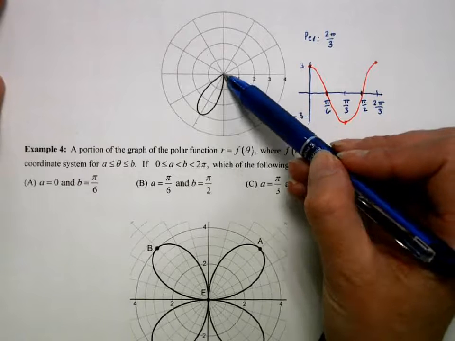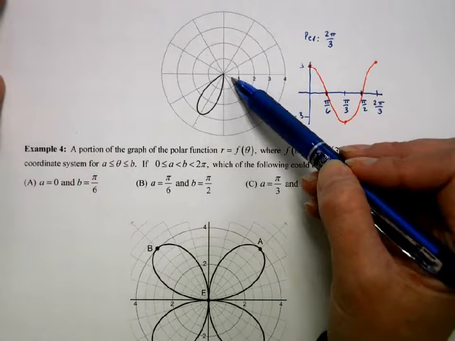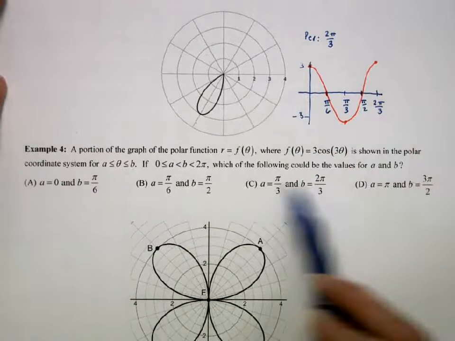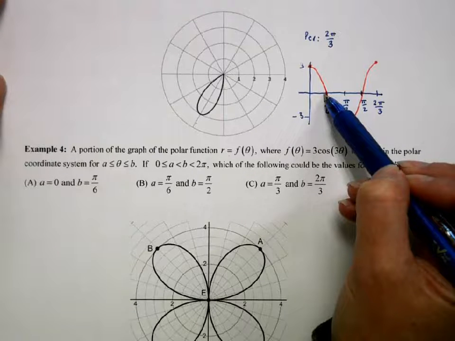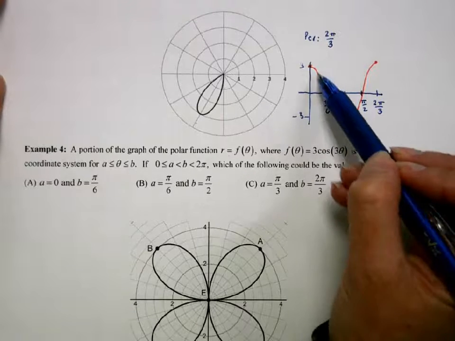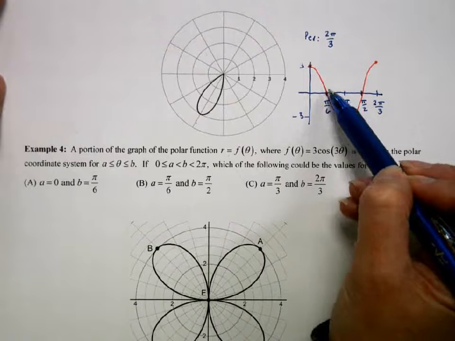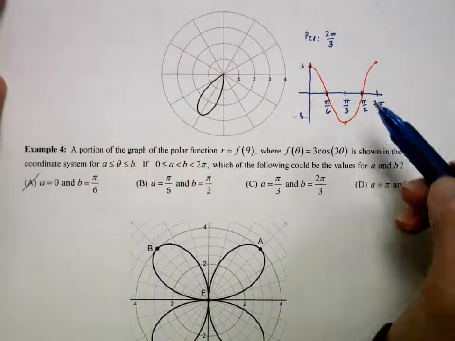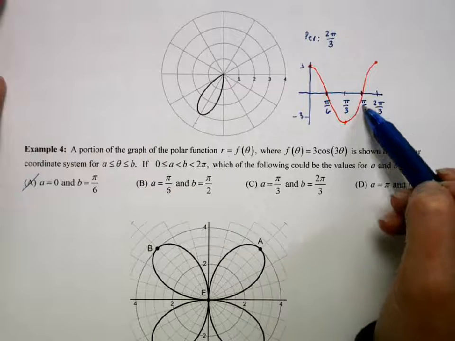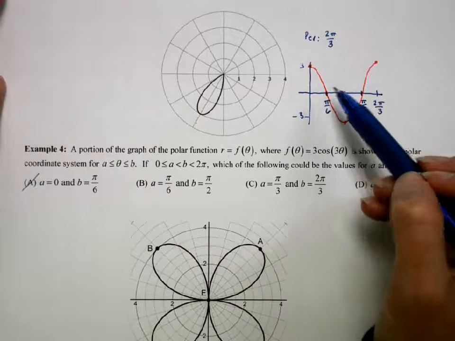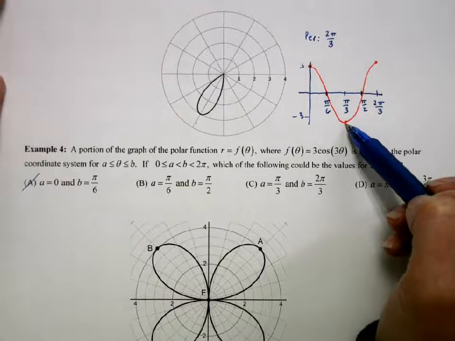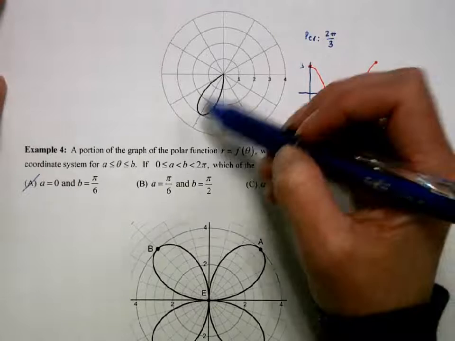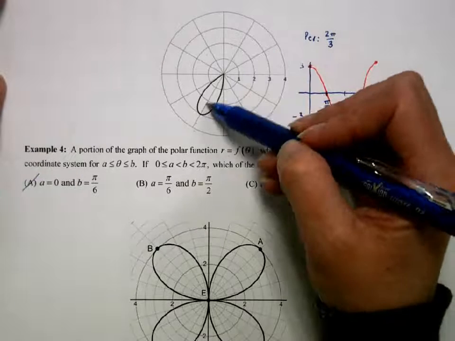So if I look at my option, 0 to pi over 6 is from here to here. That's only going to be half of a petal because it's going from the maximum to this middle. Pi over 6 to pi over 2. Well, in there, we're starting at 0, ending at 0, which is a good start. At pi over 3 is at negative 3. Here's pi over 3, here's negative 3. So I believe this is going to be our winner, but let's double check.